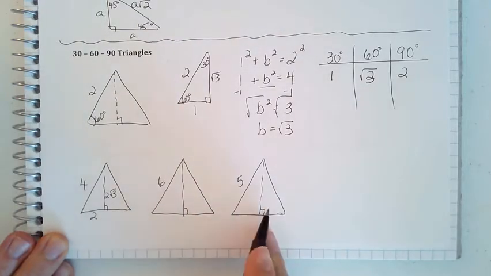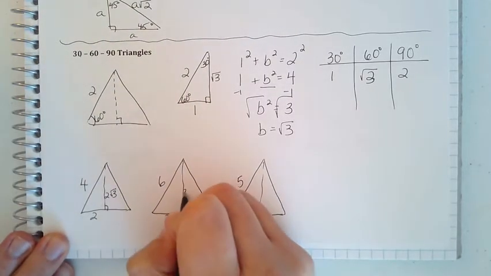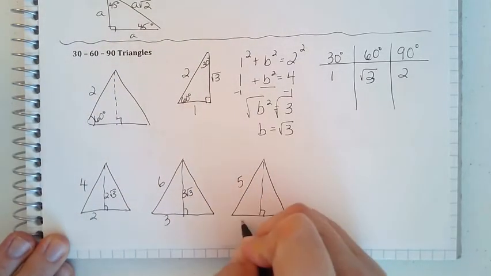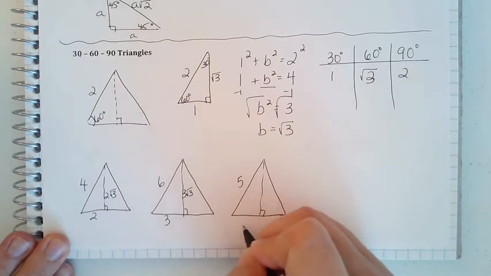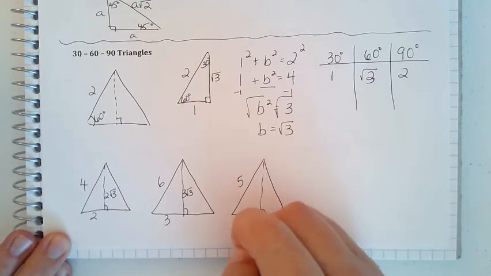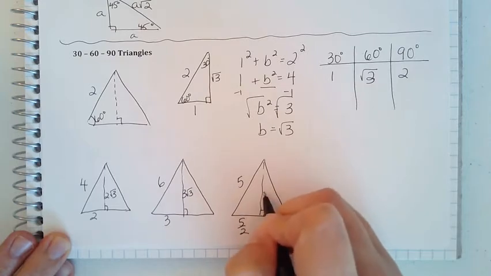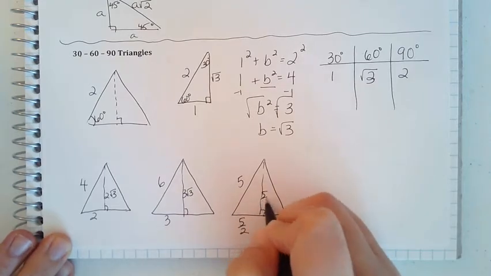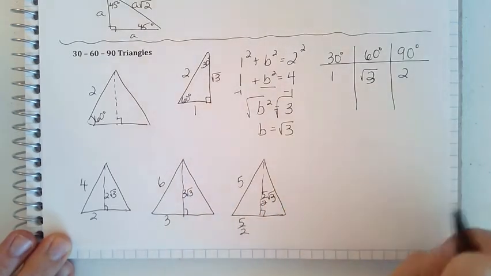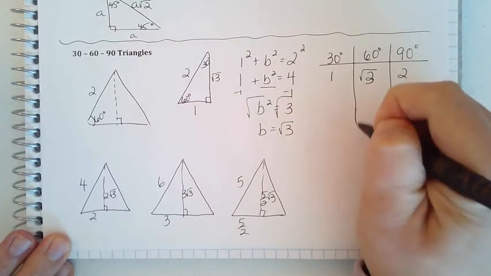And if I fill in each of these, I get 3 root 3. And this one's kind of hard. It could be 2.5 or it could be 5 over 2. I'm going to go ahead and keep it as 5 over 2. And then this altitude turns out to be 5 over 2 root 3. So I'm going to write all these in.